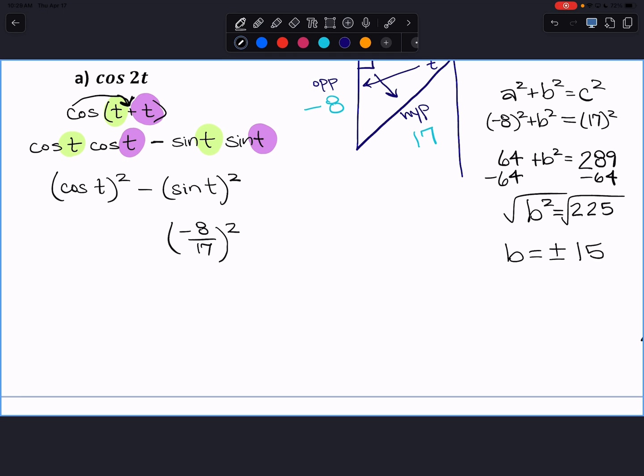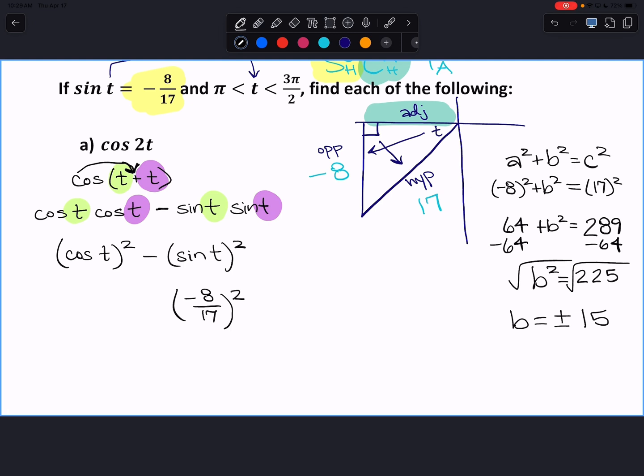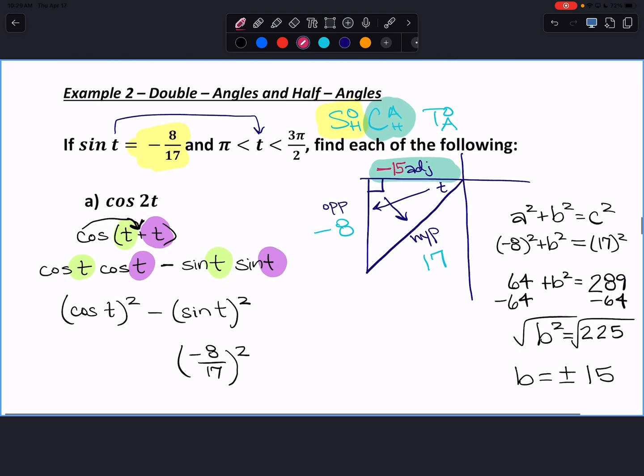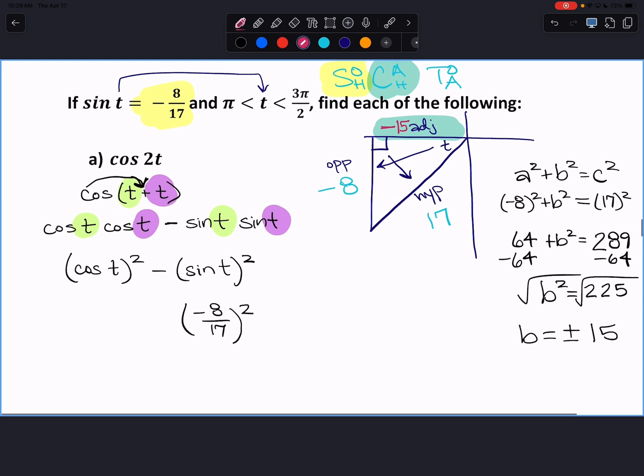So this is called a Pythagorean triple because it works out perfectly. And is it positive or negative? Look at the direction you went. You went left, so it's negative 15, right? So now I can plug in cosine. Cosine is adjacent divided by hypotenuse. So negative 15 divided by 17.